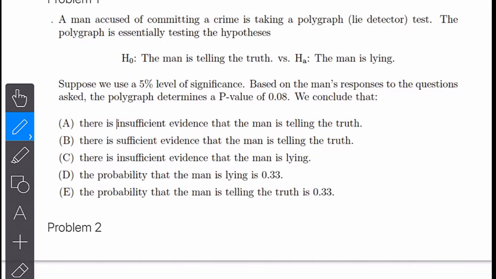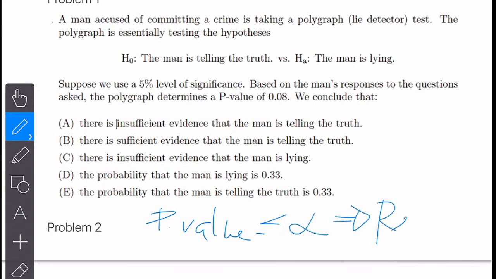we always, with the p-value test, we always write p-value less than or equal to alpha means reject. So we're going to compare the p-value always to the level of significance.